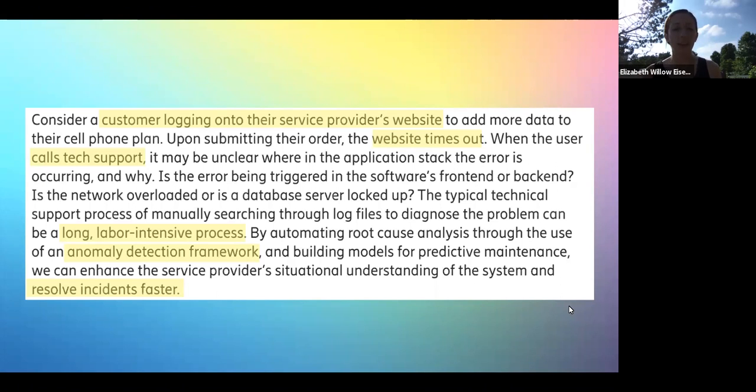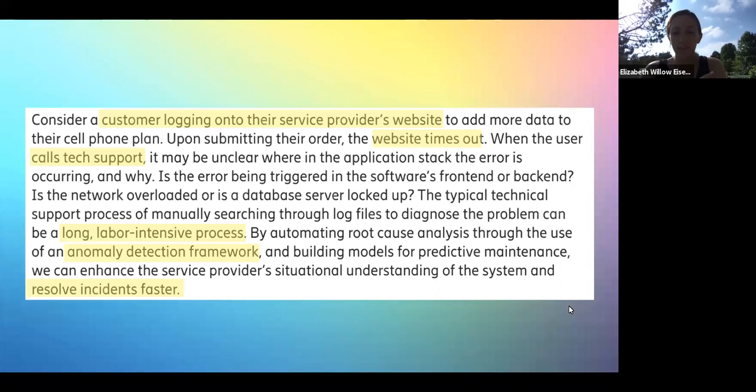In terms of this process, this is a really long, labor intensive process for the person on the other end of the phone to try to figure out what's wrong and diagnose the issue. However, they could be assisted by something like an anomaly detection framework, something that could point out, this is where the anomaly occurred, this is where something strange happened, and this is where you should start looking to figure out where something went wrong.